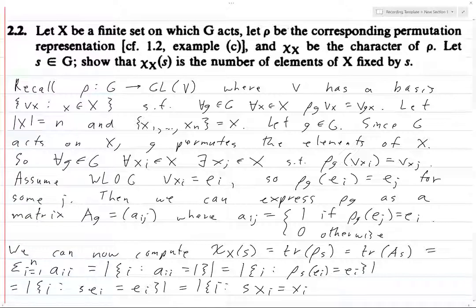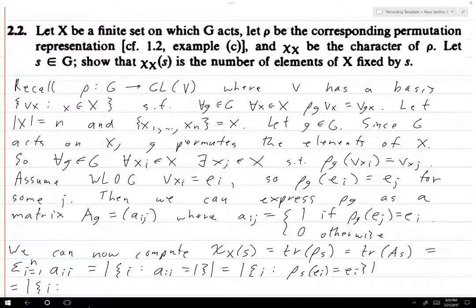Oh, so rho_s v_{x_i} equals v_{x_j}. Okay, so let's actually go back a little bit. I'm sorry, this is why I should have made a new script before making this video, but oh well, we're already here, so we might as well just keep going.